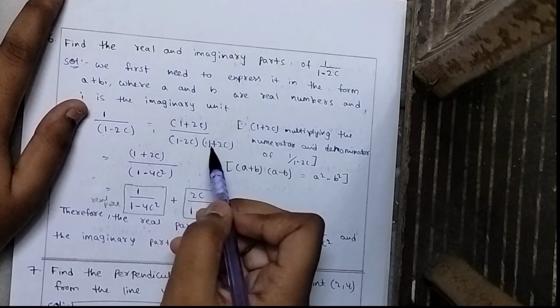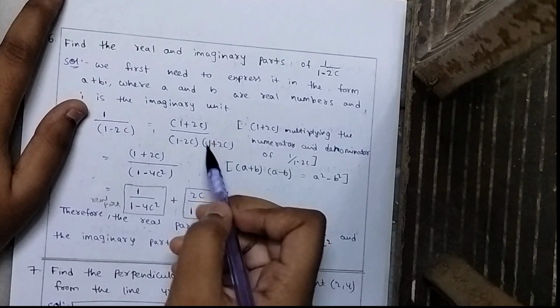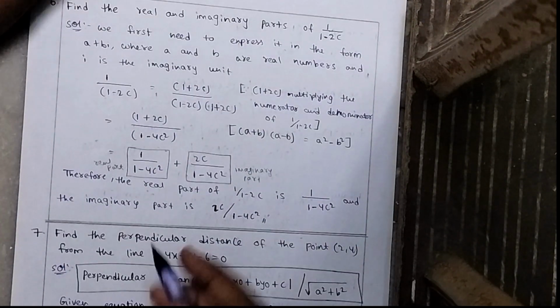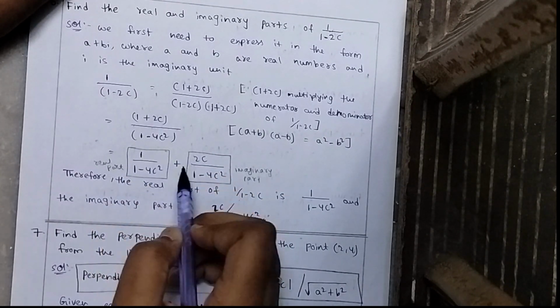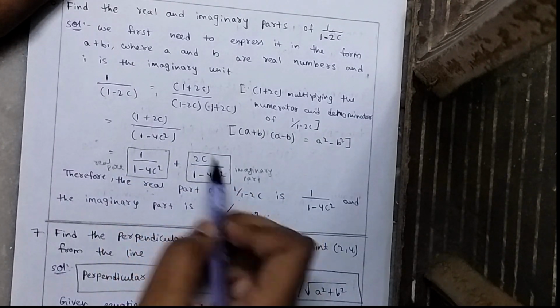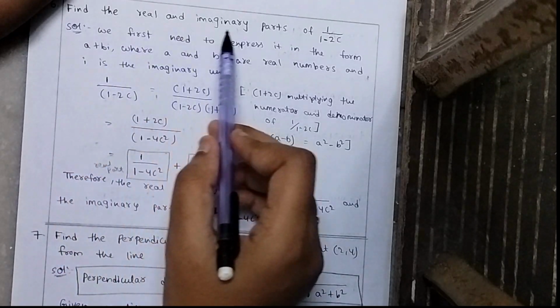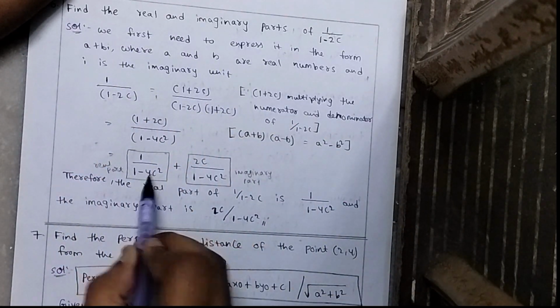So 1 square minus (2i) whole square. That means (1 plus 2i) by (1 minus 4i square). So now we have 1 by (1 minus 4i square) plus 2i by (1 minus 4i square). This is the real part and this is the imaginary part.